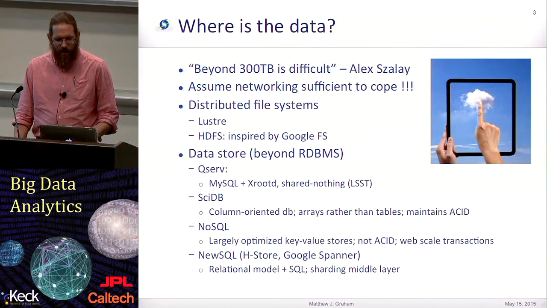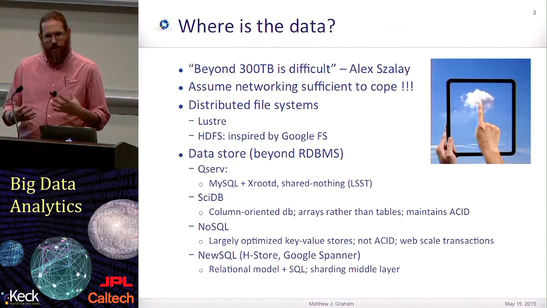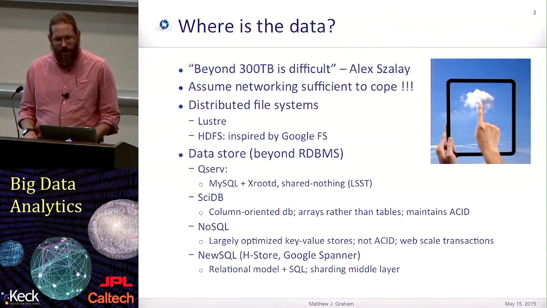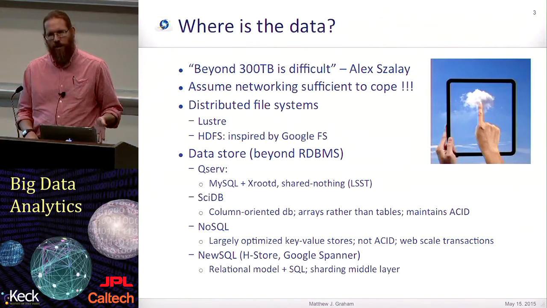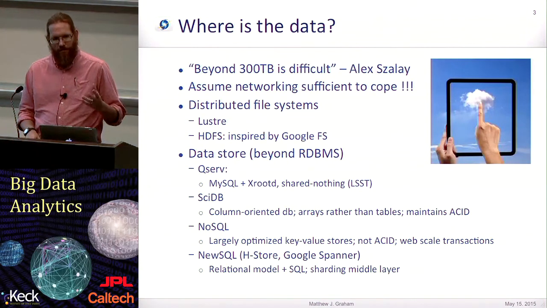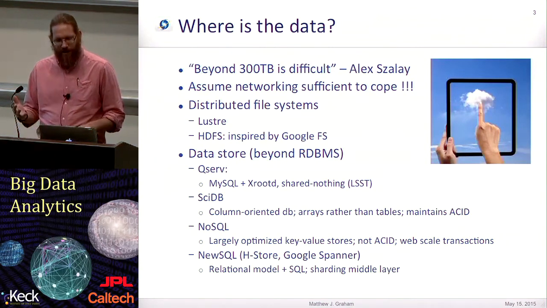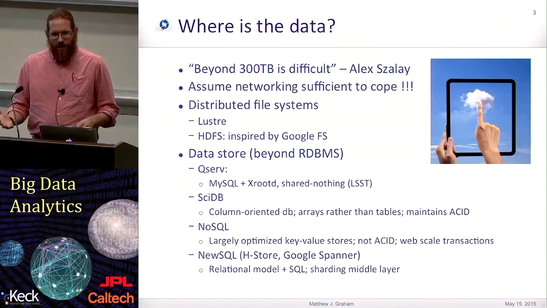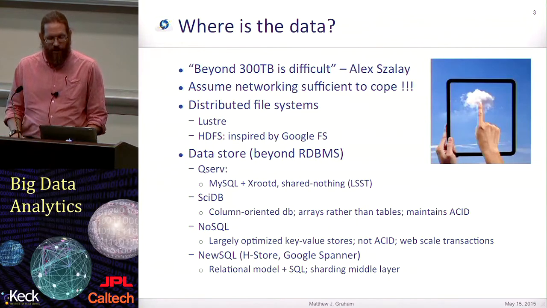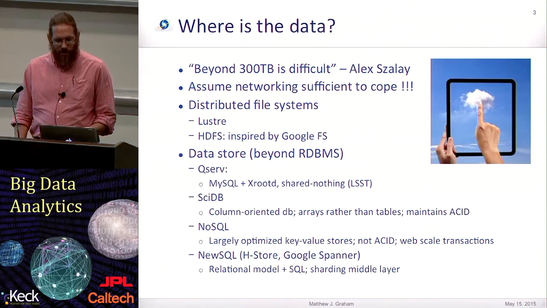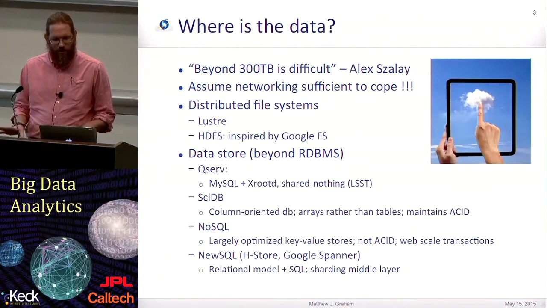These are relational models underneath. They support SQL, but they're a crossover between the relational databases and the highly optimized key-value stores that you get with NoSQL, trying to take the best of both worlds and use sharding middle layers and things like that to optimize where the data is and data retrieval.